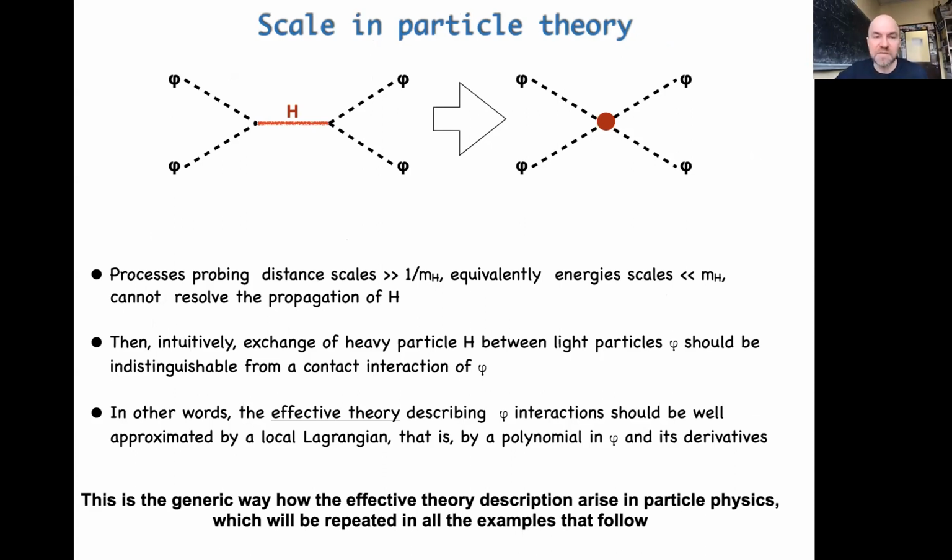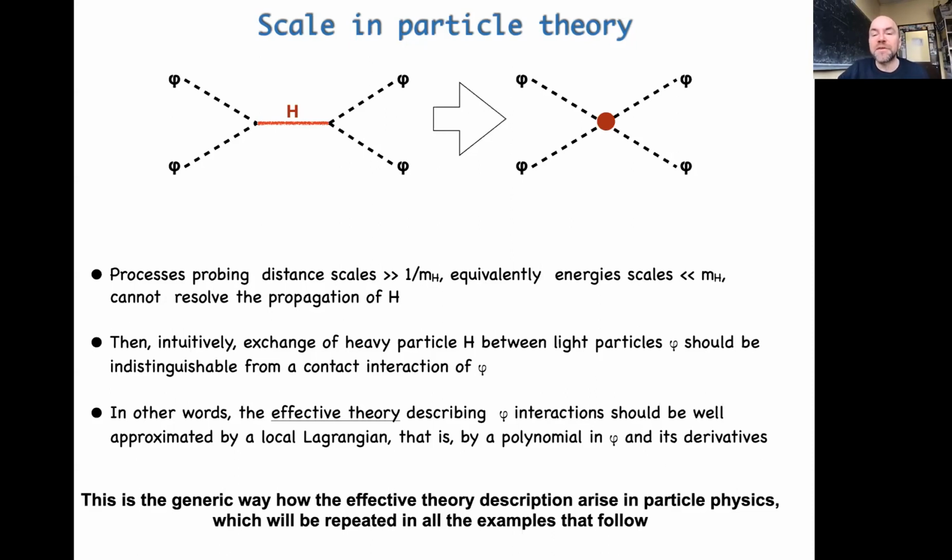Instead of something moving in between these two light particles, we can describe effectively the same interaction just by getting rid of the heavy particle and just describing the same effect by a contact interaction between light particles only. And we don't have to ever mention the heavy particle again to describe the physics.